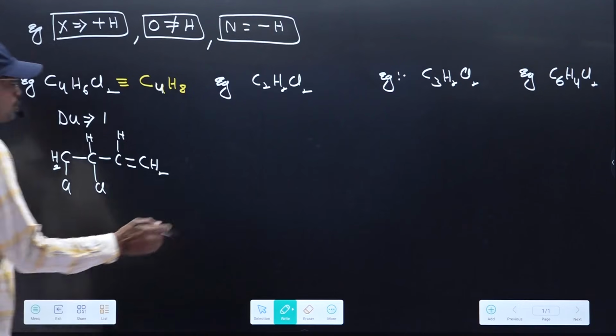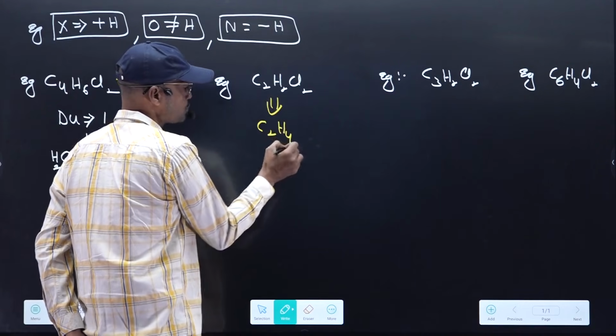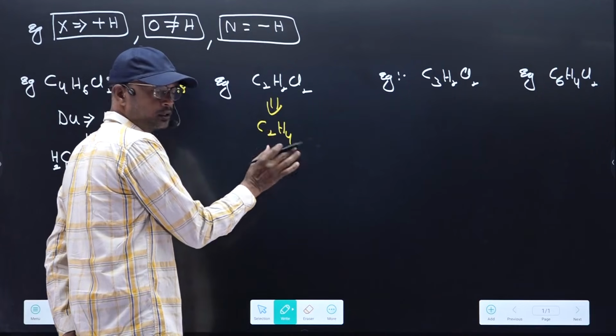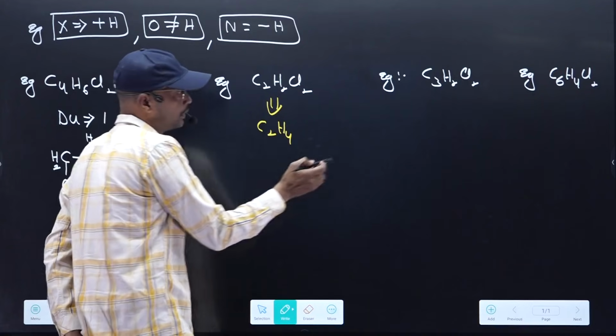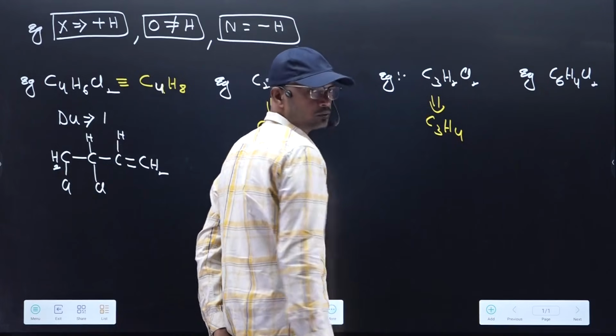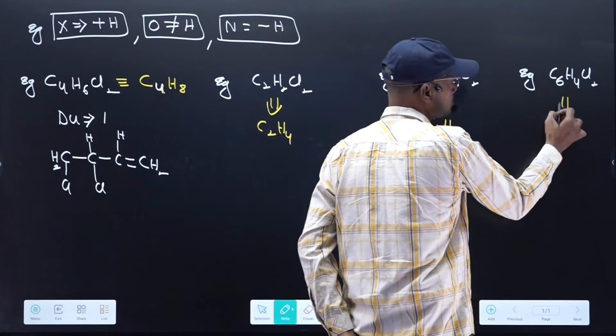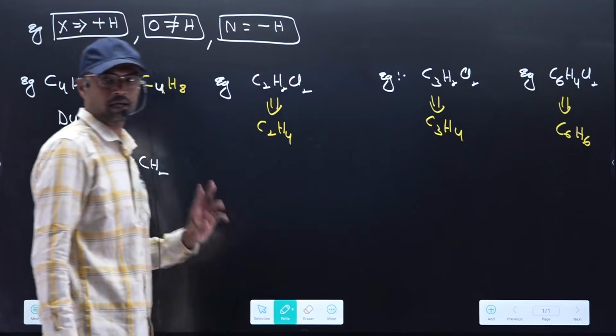So what is your assumed formula? C2H4, it is the assumed formula. It is not real. To calculate Du, we are creating this one. Clear? And here also, what is the formula? C3H4. And what about this? C6H6. Every time we are adding hydrogens.